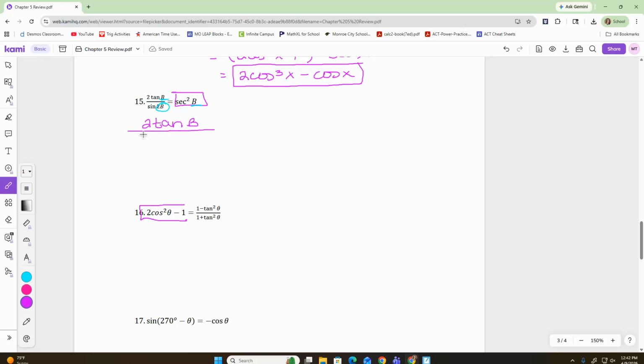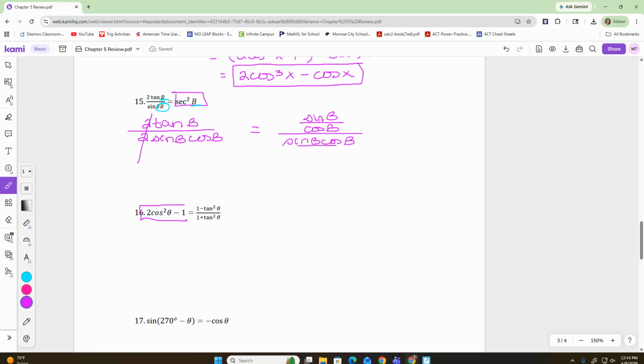What is the sine 2B formula? All right, what happens to my 2's? They cancel. Tangent, what could I change that to? It's all divided by this whole thing.